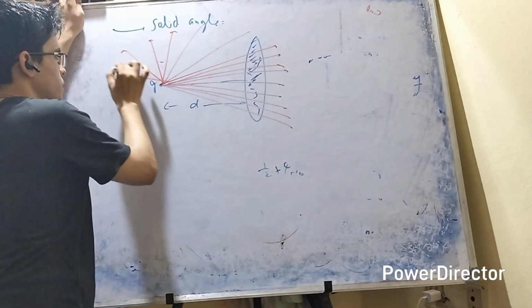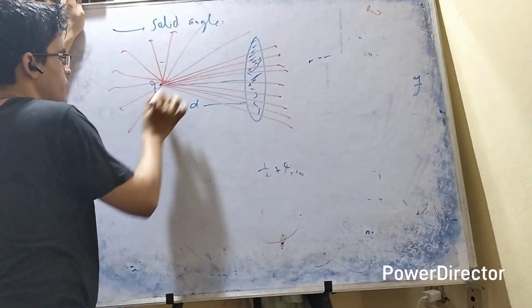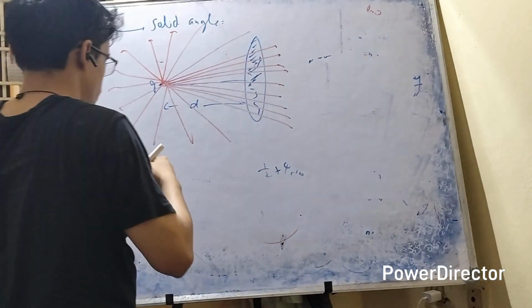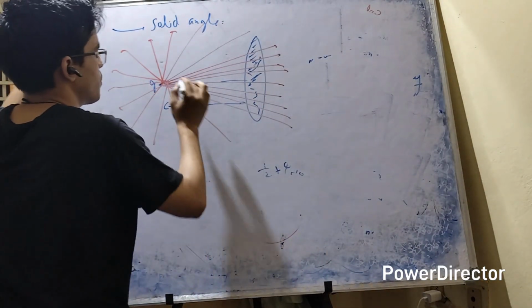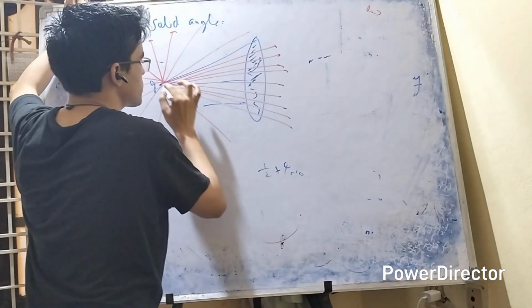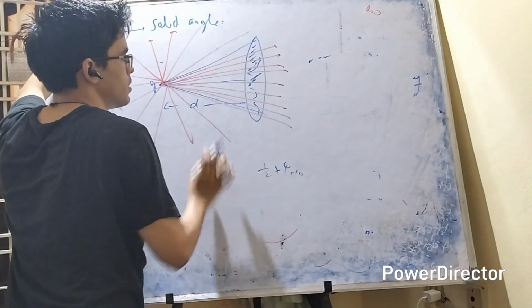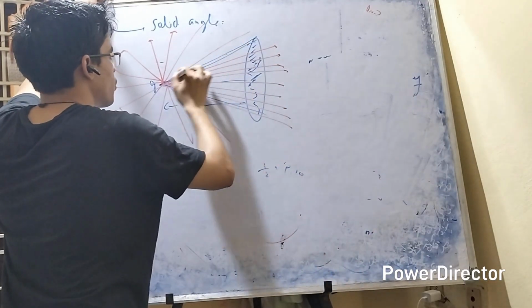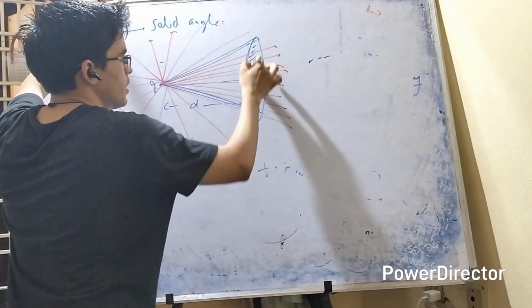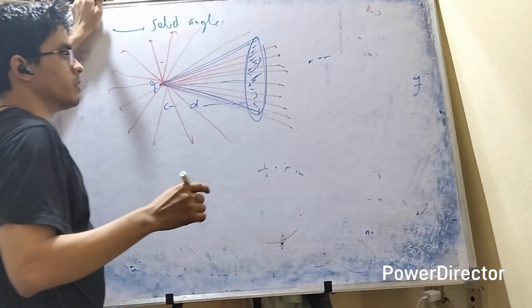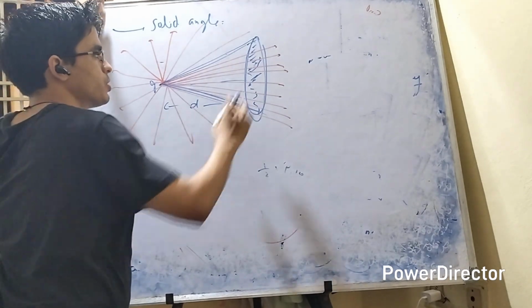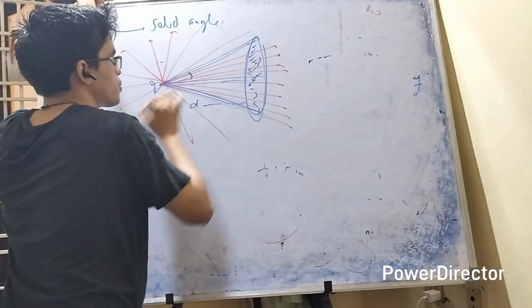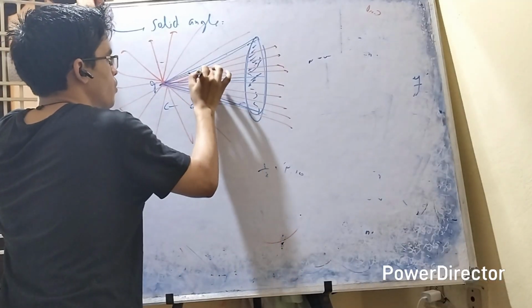But I just want to calculate the flux value through this disk. If you observe carefully, the electric lines passing through this disk make a cone, right? I want to calculate how much flux passes through this disk, so I will use solid angle here. That is called a cone.